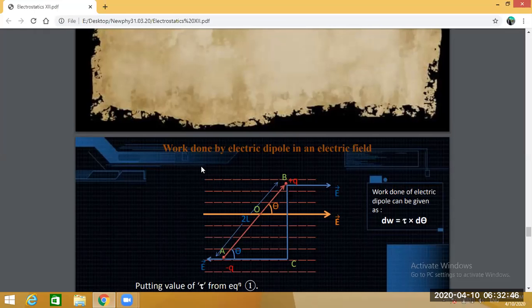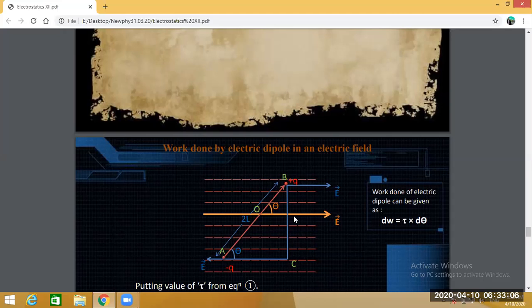We can say the energy associated with an electric dipole when placed in an external uniform electric field, or in another language, the work done by an electric dipole when placed in an electric field.